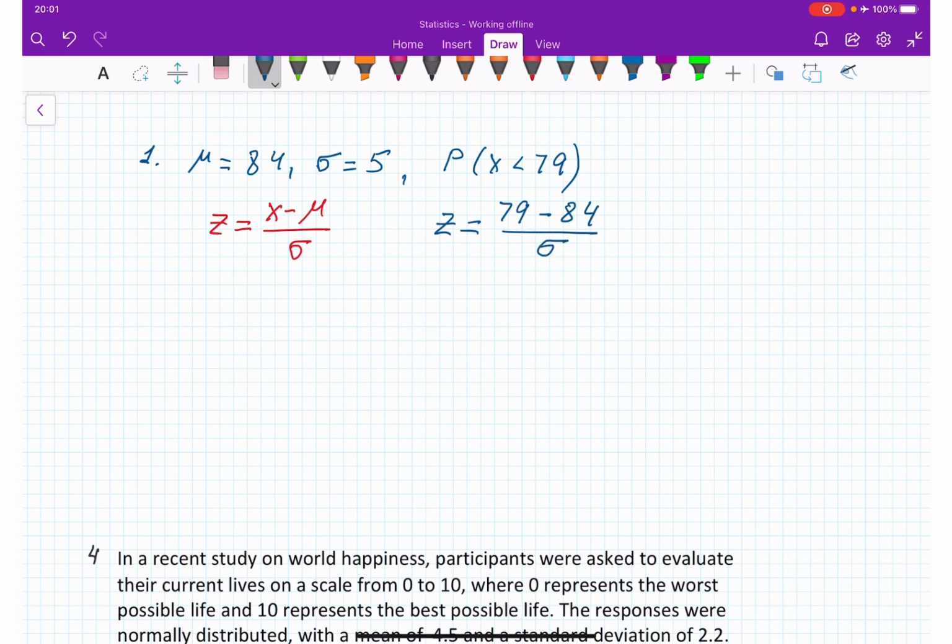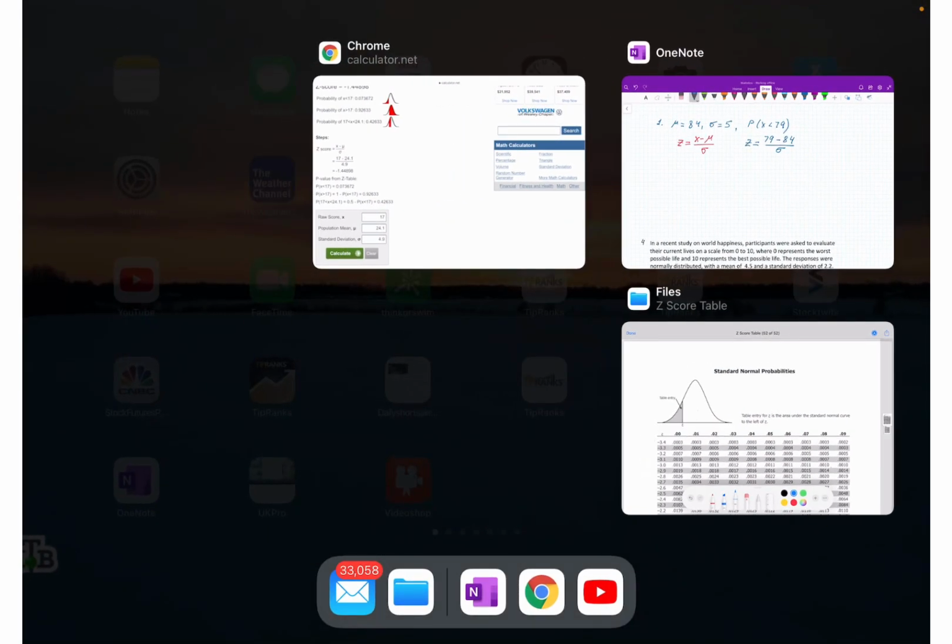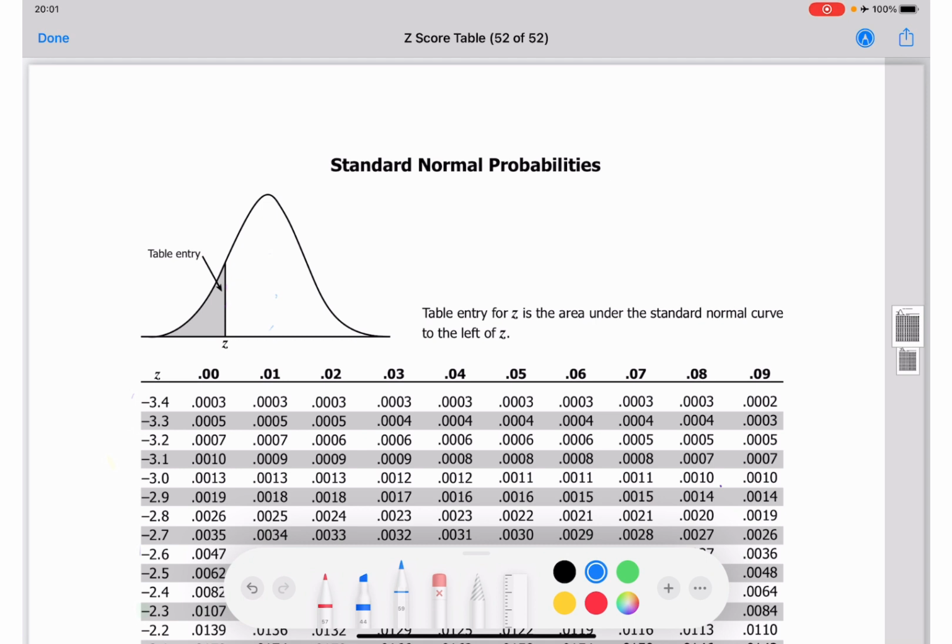One thing you need to keep in mind: this z-score table always shows the left tail, which means it always shows less than the z-score, whatever the z-score is. There are tables that show the right tail, which is greater than, and tables that show the middle, between this and this.